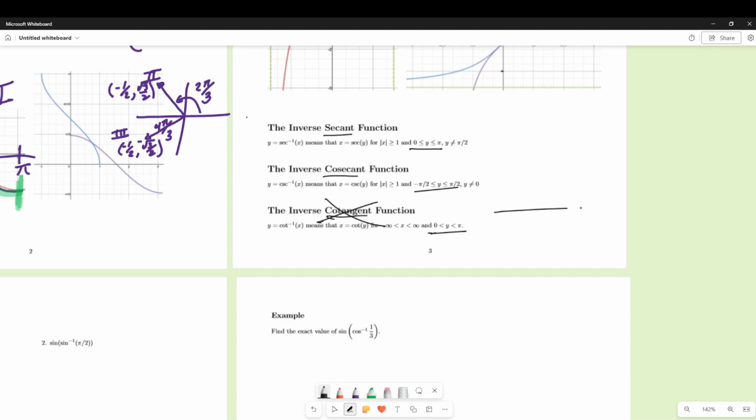But if you remember the graph of cotangent switched to its asymptotes looking like that, so it is natural for the restriction to change to being from 0 to pi. But yeah, we don't do a lot of cotangent inverse.